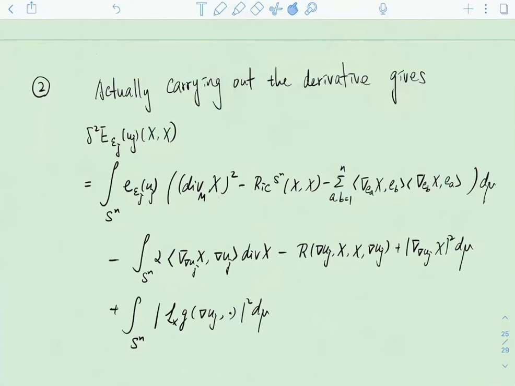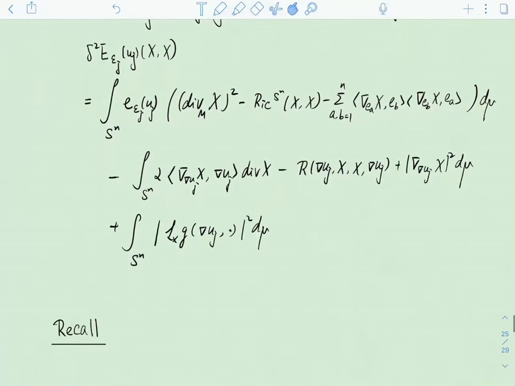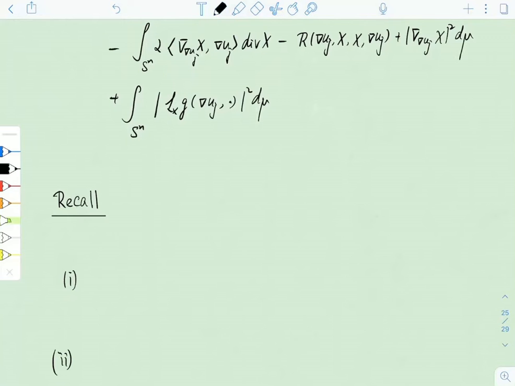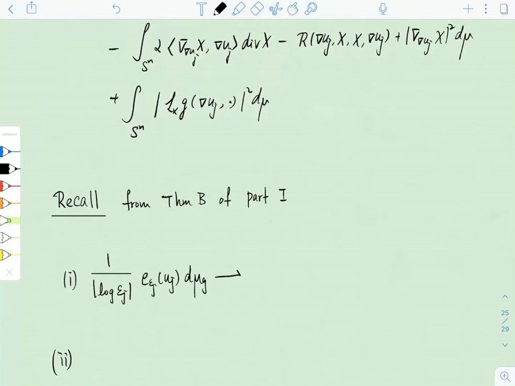Okay, so to figure out what the limit is as j goes to infinity, we'll have to recall the conclusion of theorem B from part 1. So it says that, recall from theorem B of part 1, 1 over log epsilon_j of the Ginzburg-Landau energy density viewed as a measure converges to the weight measure of your varifold.